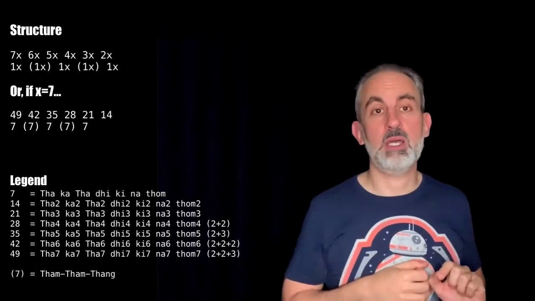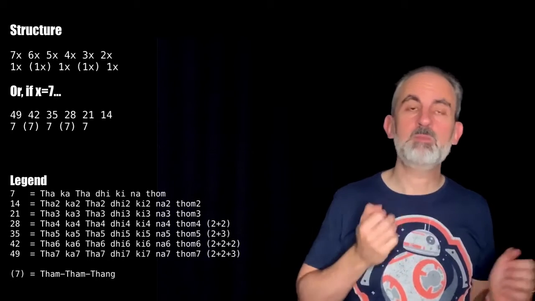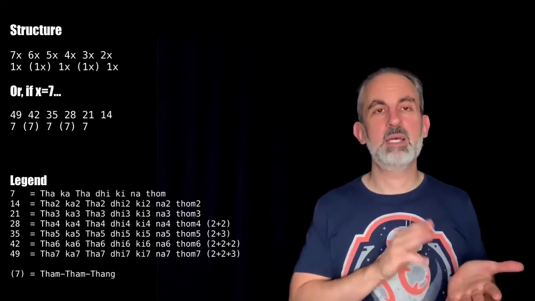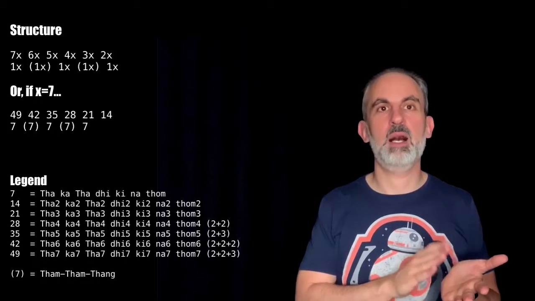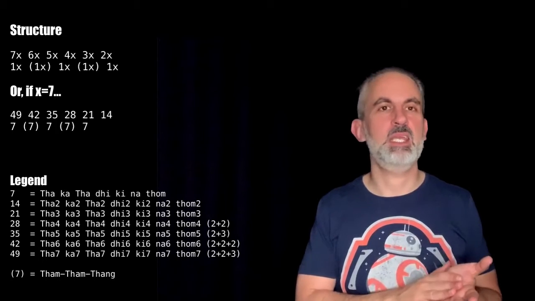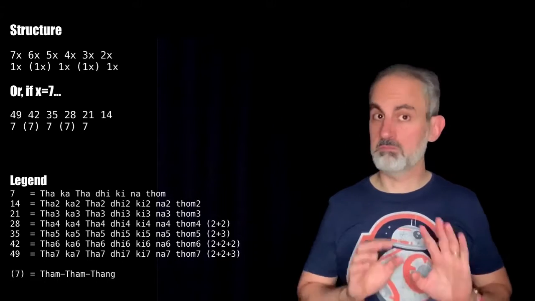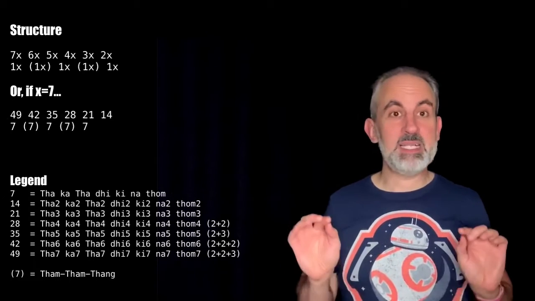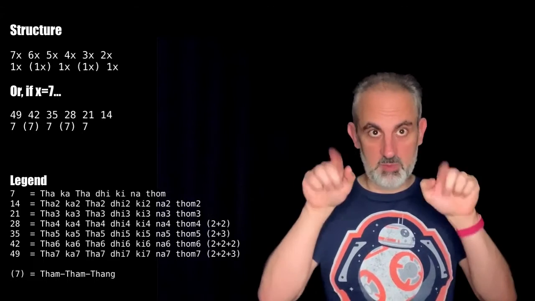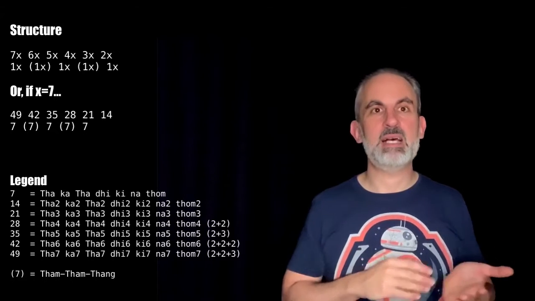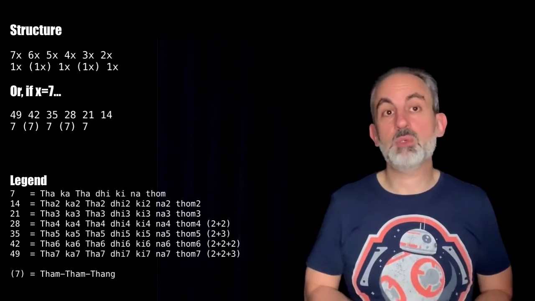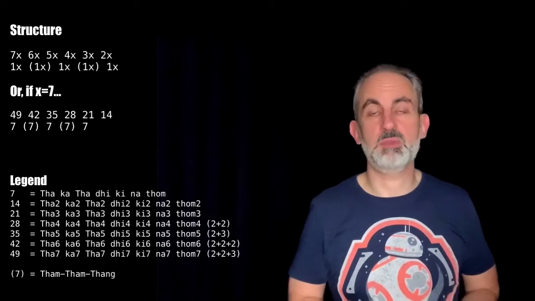The 49 is a multiple of 7 times 7, so we play it as ta-a, ka-a, ta-a, dhi-i, ki-i, na-a, to-o. And then the 7 gap, the 7 between brackets, I chose to play it as tam-tam-tang, but you could play it another way if that suits you better.